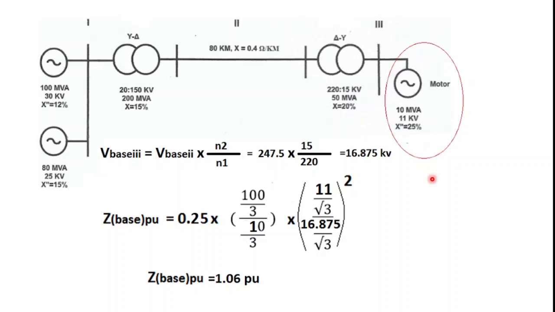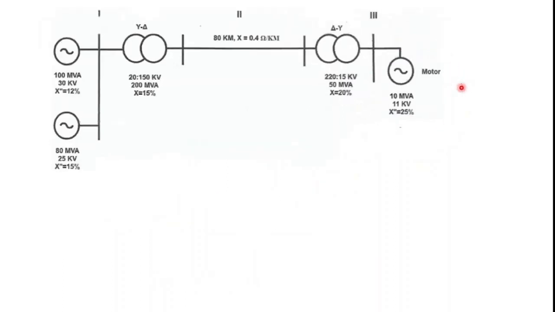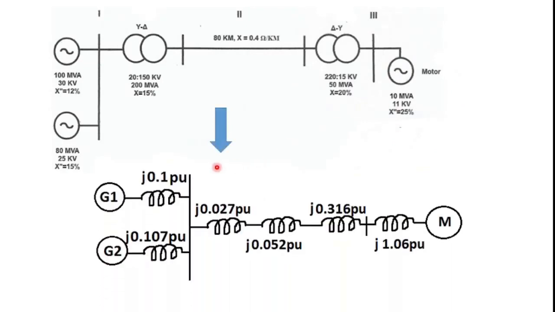Now we have done all the calculations we needed to do in order to find the impedances in per unit. So now we finally can build the actual per unit diagram, which will look like this. Take a look that there are two generators like this one, and I've just put in the values we just calculated so far.